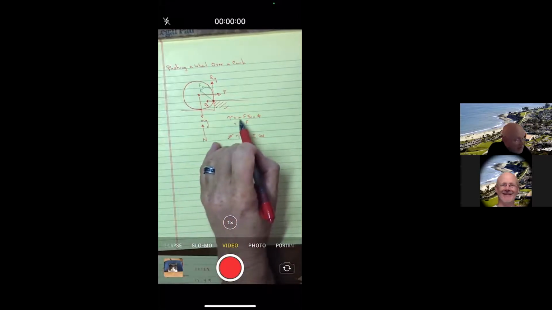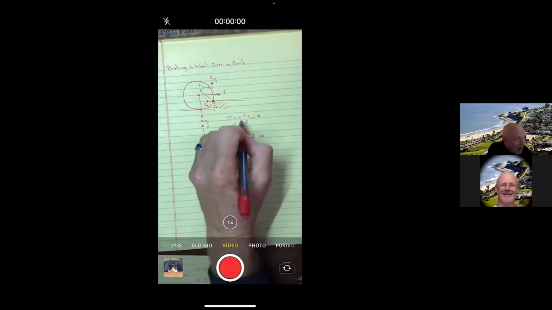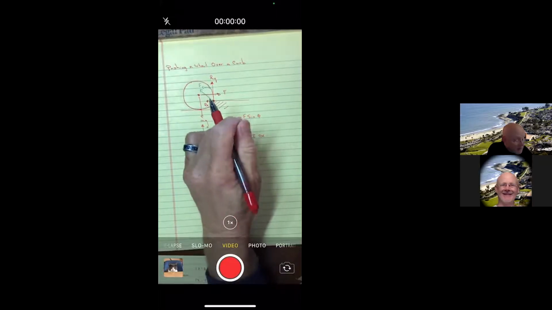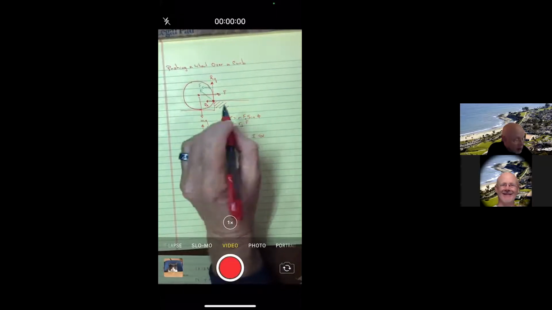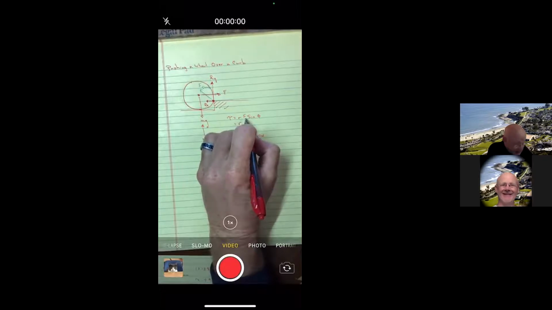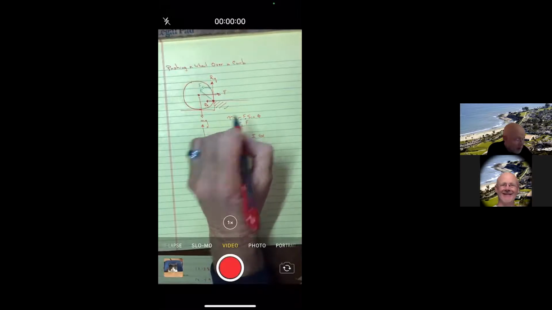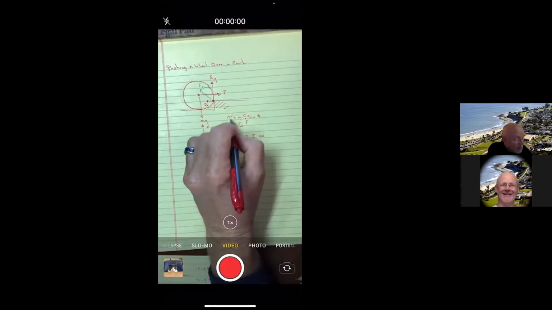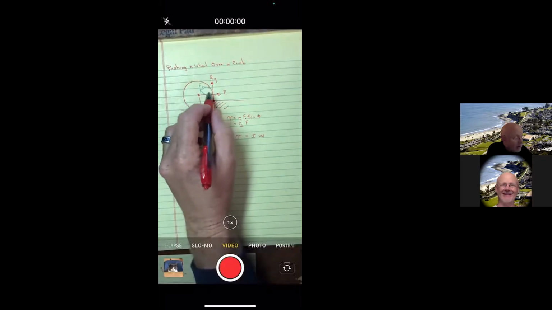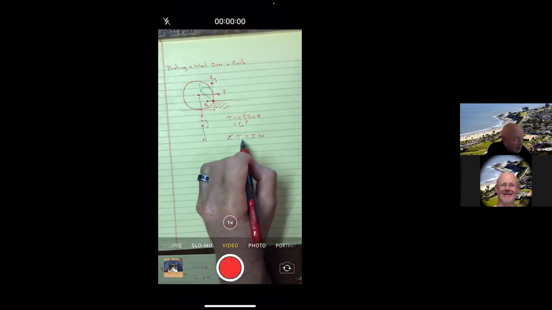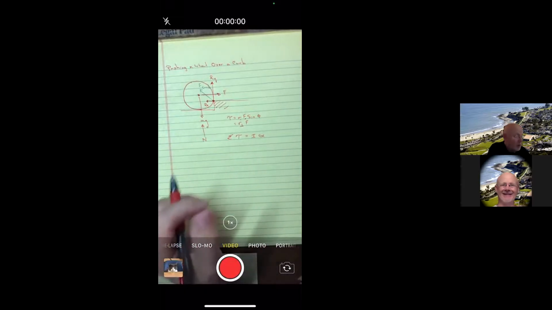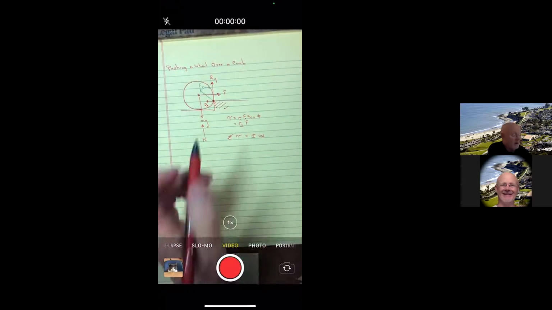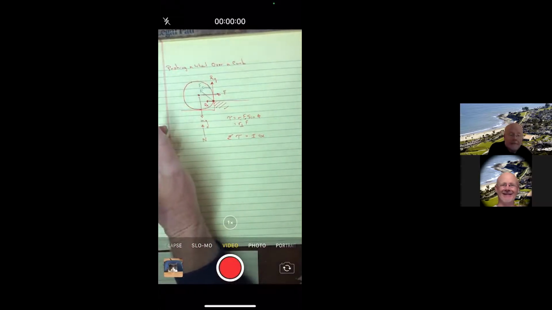And if I do this distance here, this R means the distance from the pivot to where the force is acting. And if we're talking about the force from the curb, where the curb is the pivot, the distance then is 0. And so we would get 0 torque from the curb. And so when you go to write out all the torques, you don't have to worry about or even think about the curb one.